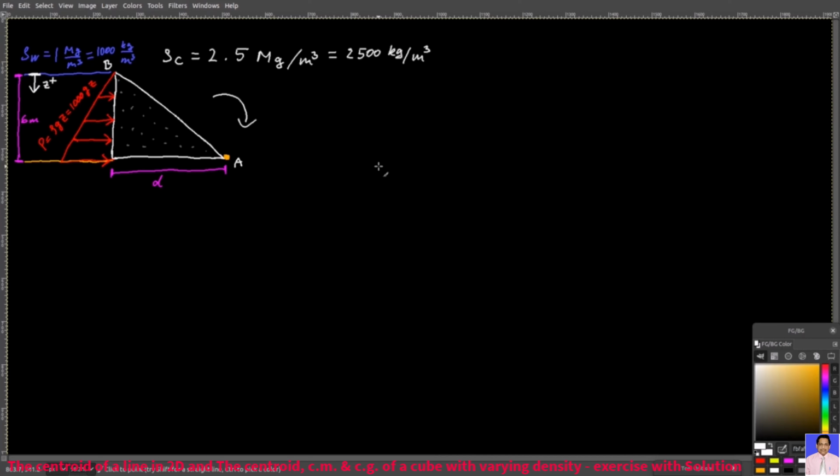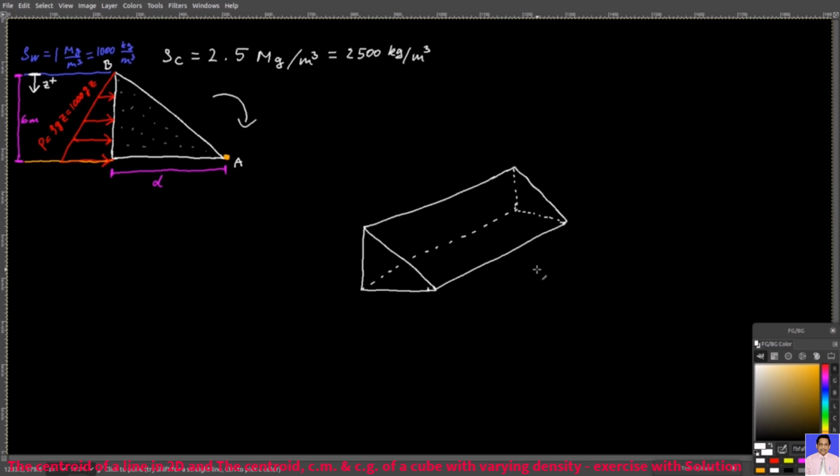In addition, in this gravity dam exercise, you will have to calculate the center of gravity for this dam in this cross section. So now what we are doing, we are taking the cross section of the dam and we want to calculate the center of gravity for this cross section.